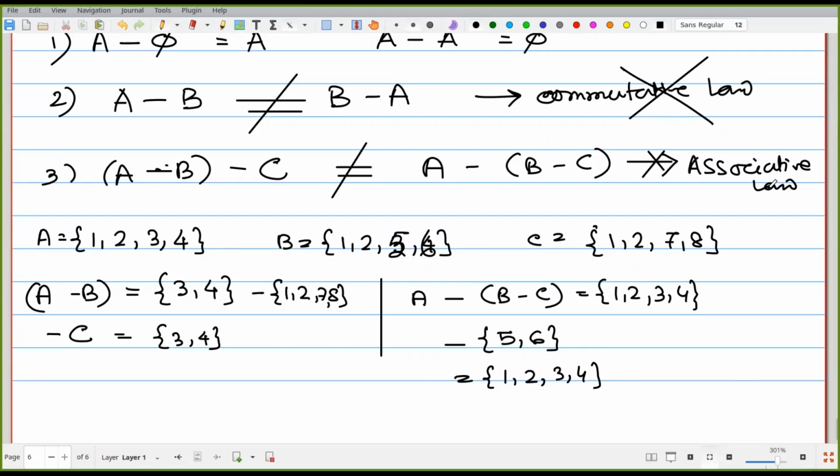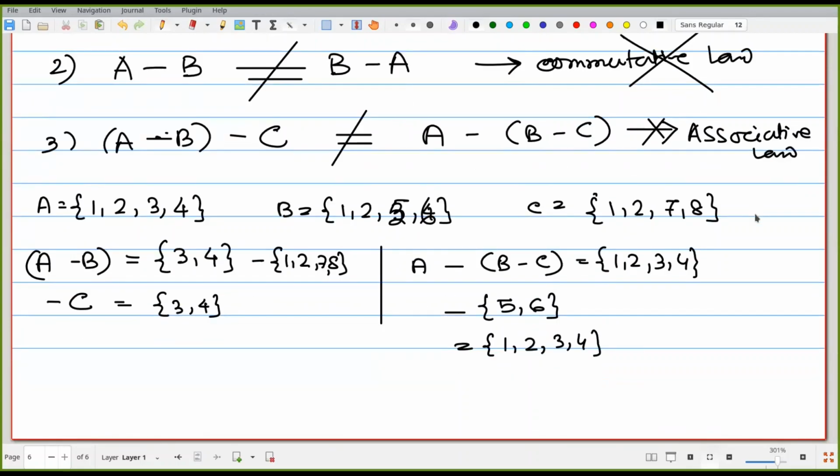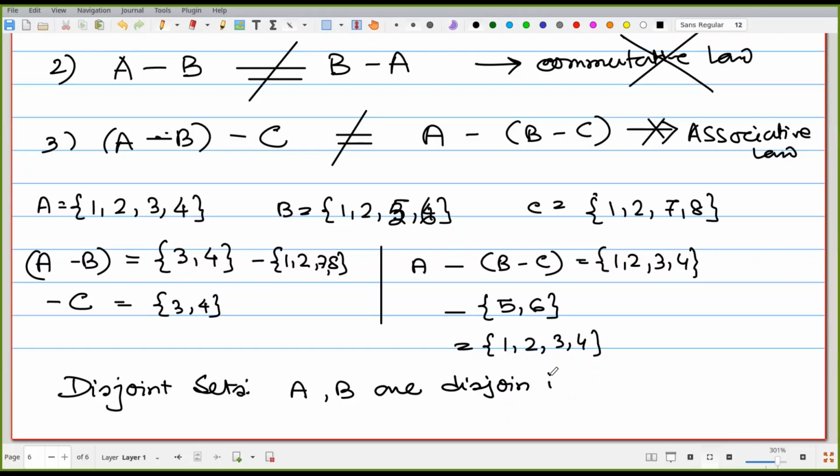Okay. Final term, that is called the disjoint sets. Disjoint sets, that means sets A, B are disjoint if A intersection B is equal to phi.